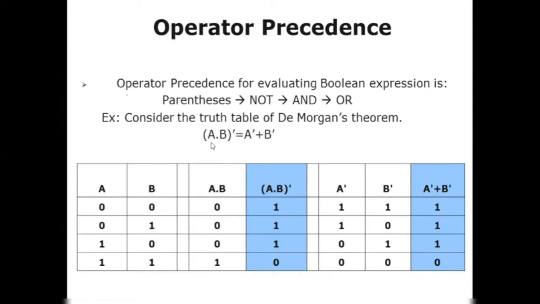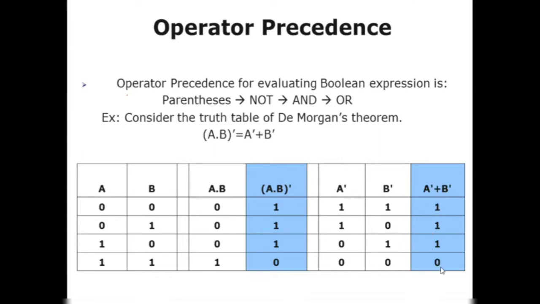As an example, you can consider the truth table of De Morgan's theorem. So (A.B)' equals A' + B'. You can take the values of A and B and then get a column for (A.B)' and a column for A' + B'.